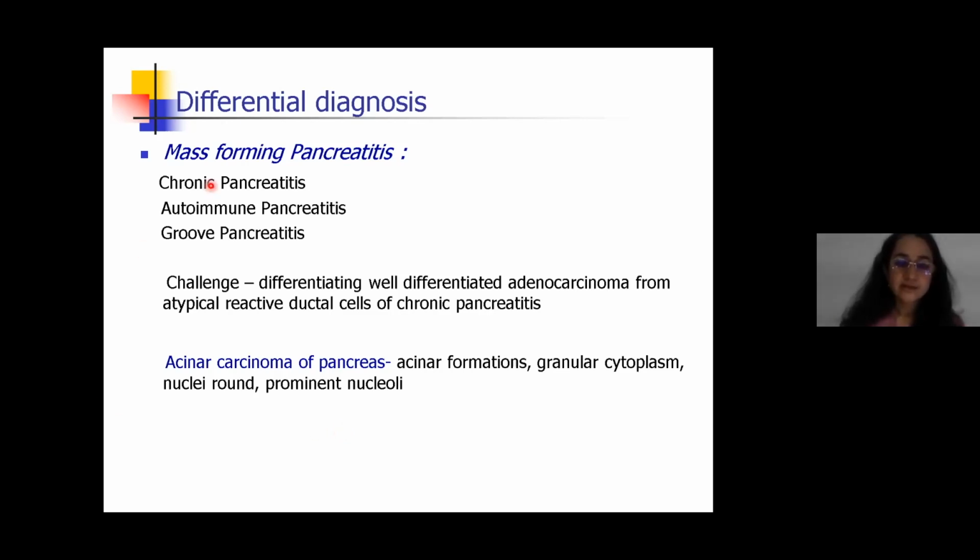So chronic pancreatitis, autoimmune pancreatitis, and groove pancreatitis all can form masses which can clinically and radiologically mimic adenocarcinoma. The other differential is the acinar carcinoma of pancreas, but it mainly forms acinar formations with granular cytoplasm and prominent nucleoli.